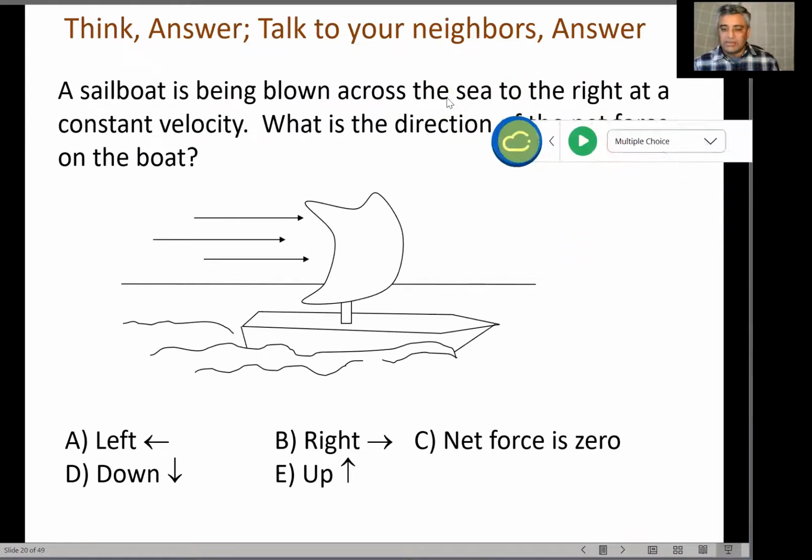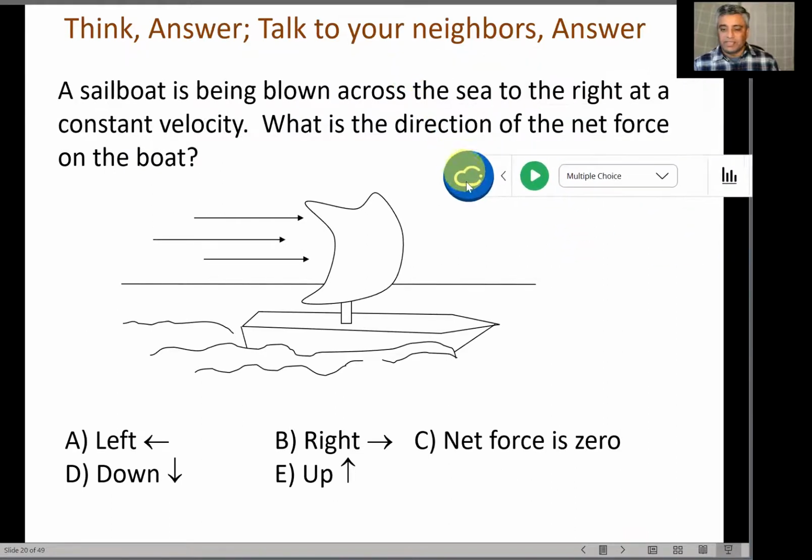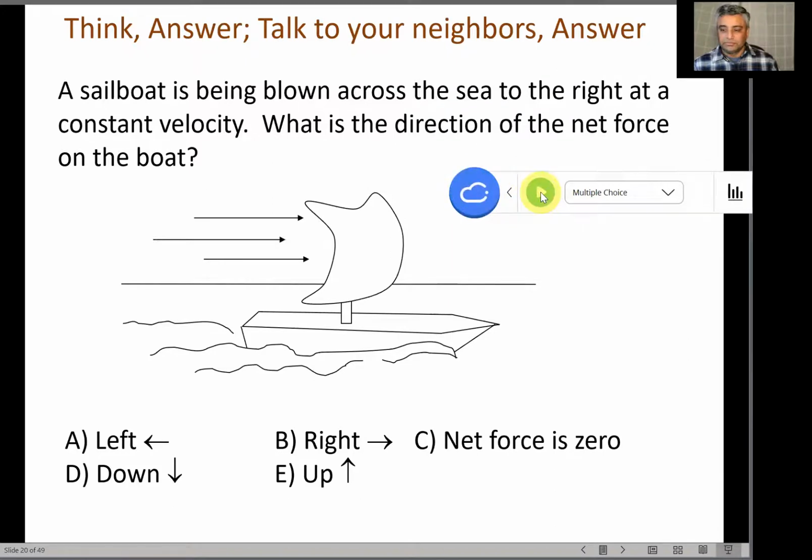And how about this question then? You have a total of 1 minute for this one as well.